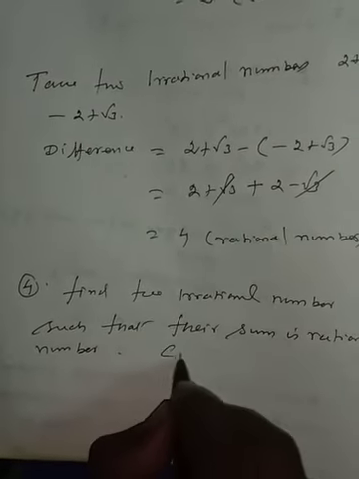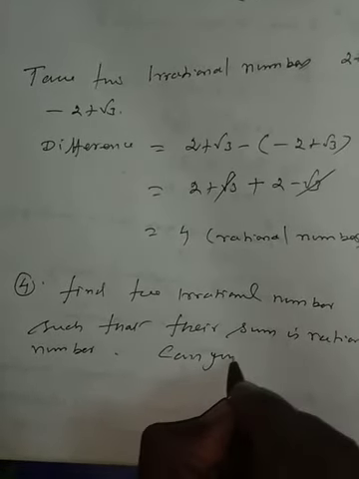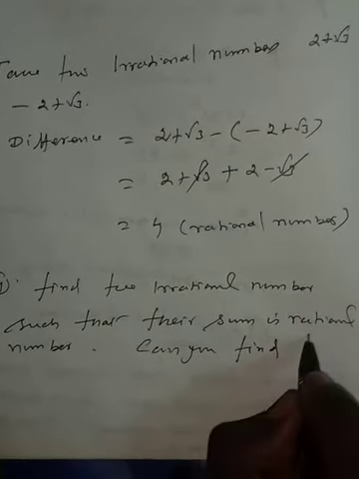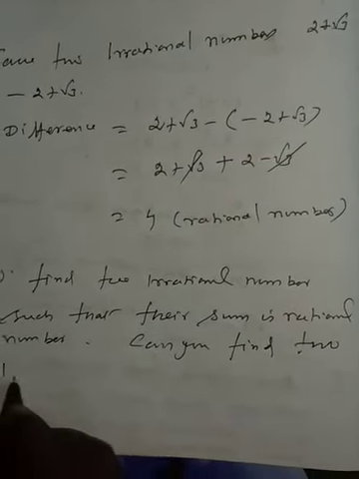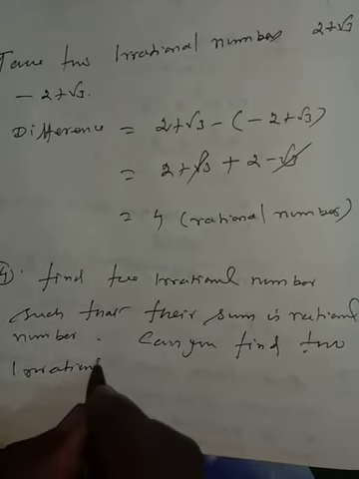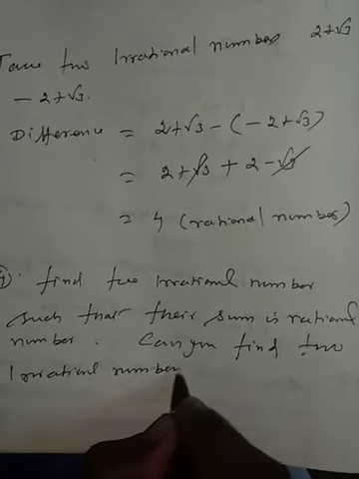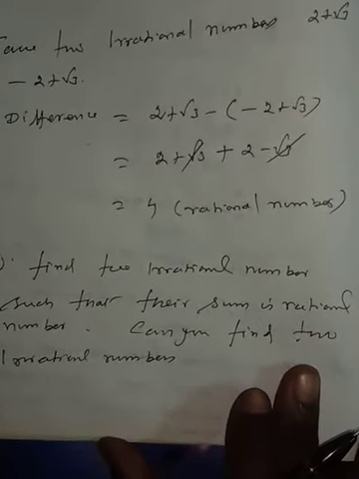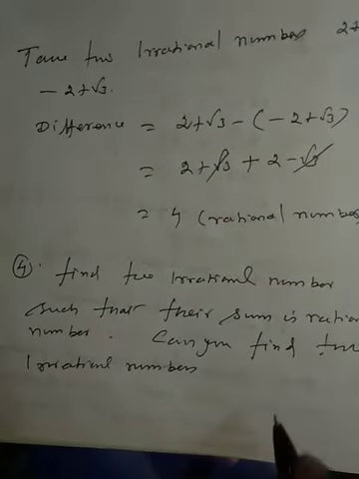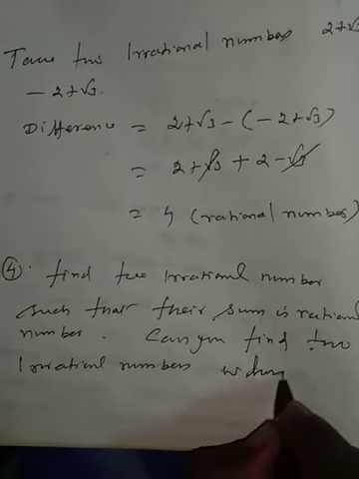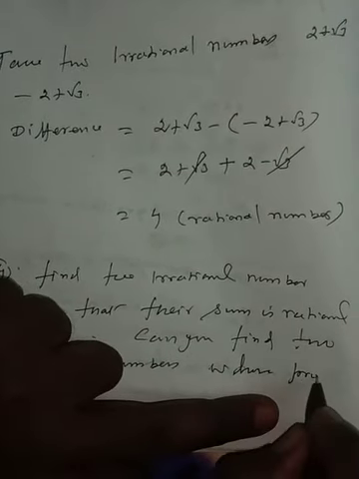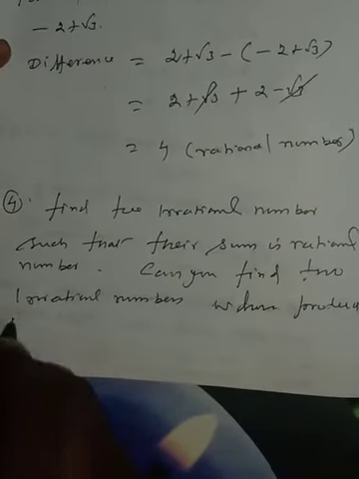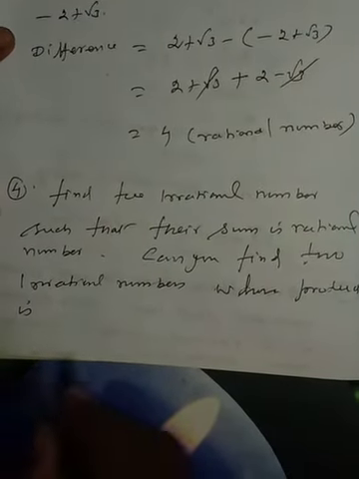Can you find 2 irrational numbers whose product is a rational number?